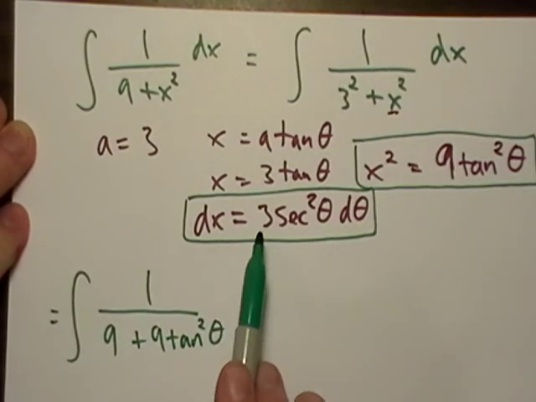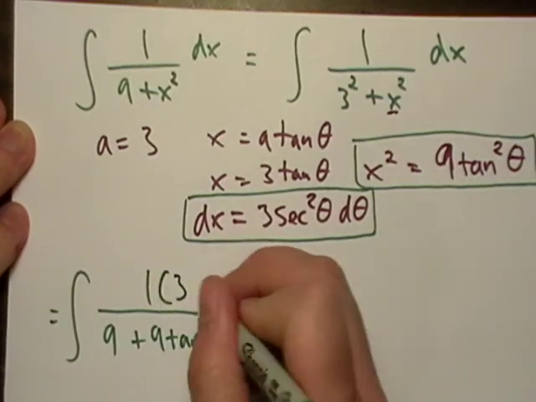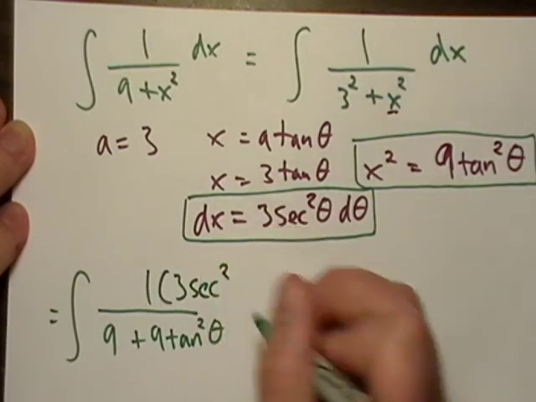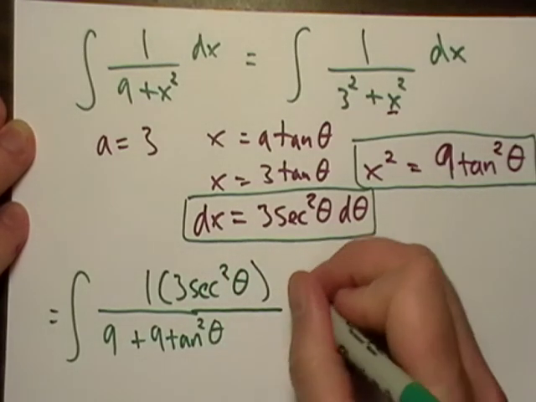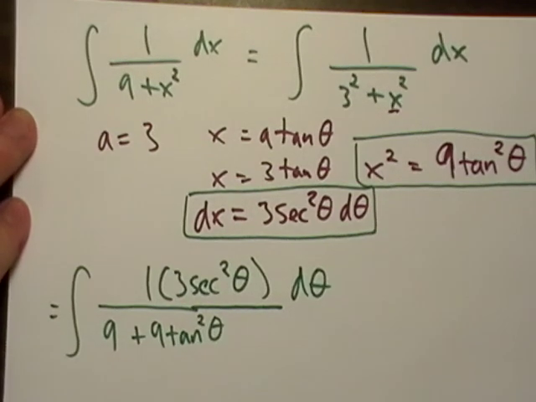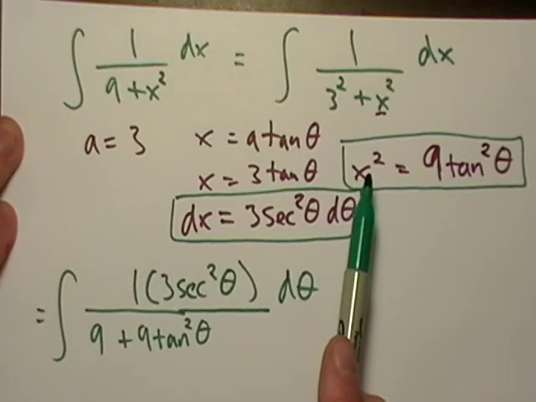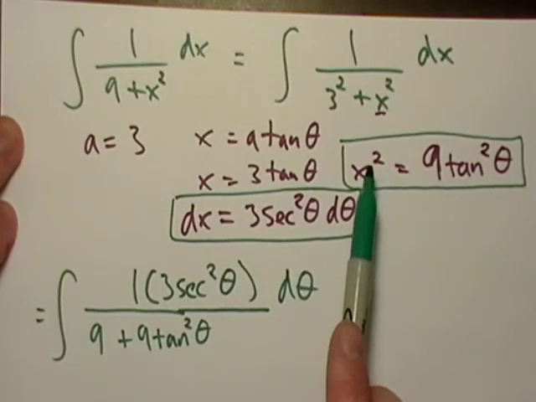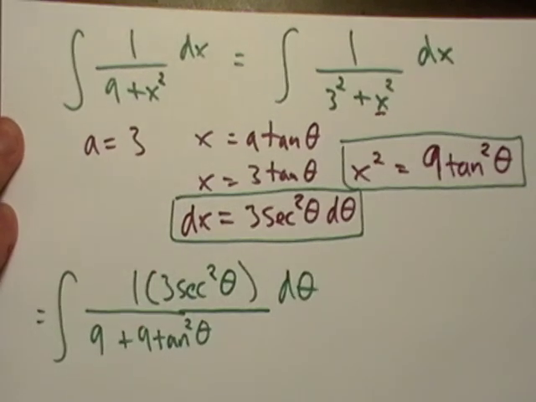Now dx is equal to 3 secant squared theta d theta, so that is 3 secant squared theta d theta. This looks kind of weird, but it's okay. Everyone sees what I did. x squared was equal to this. It's just like U substitution, and we found our dx.